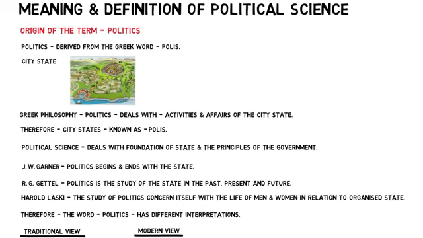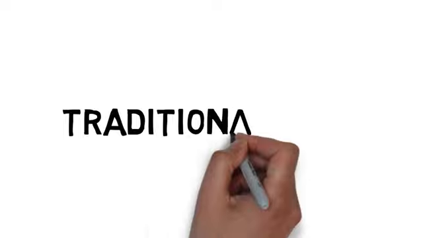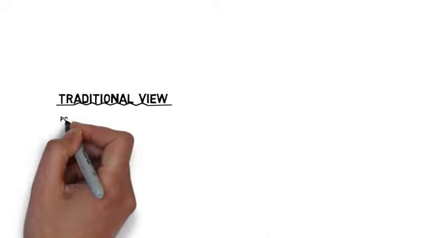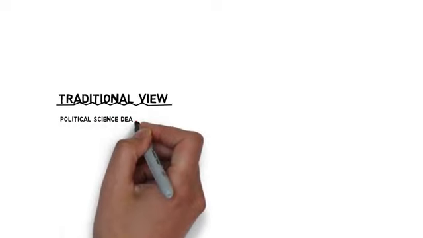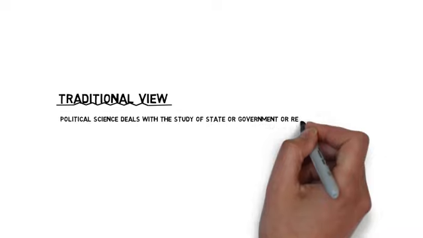So now let us take first the traditional view perspective of understanding the meaning and definition of political science. According to traditional political scientists, politics deals mainly with the study of the state or government or related institutions.